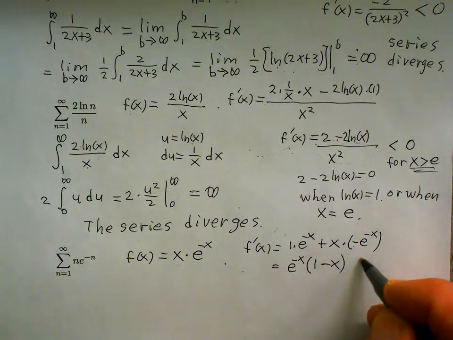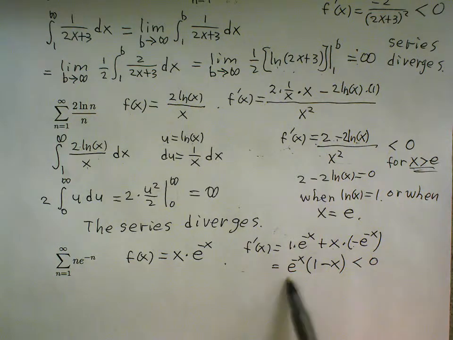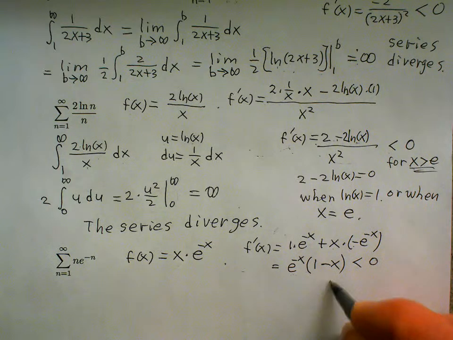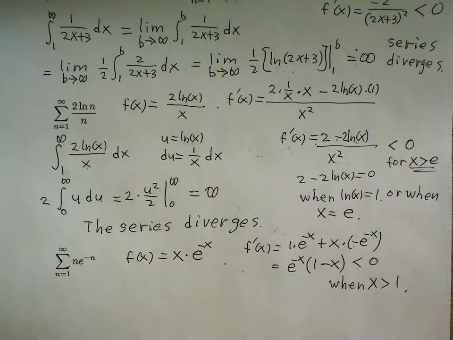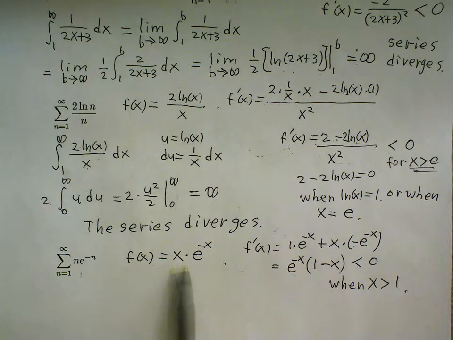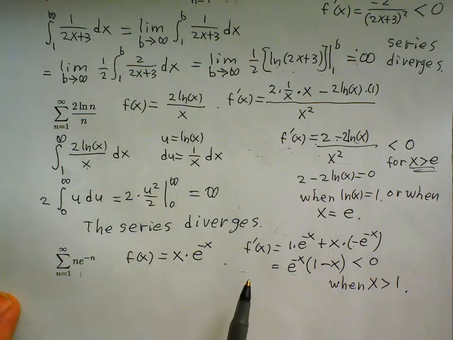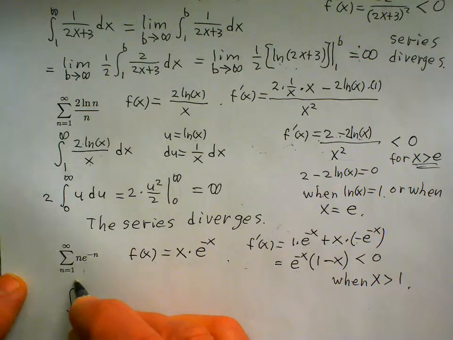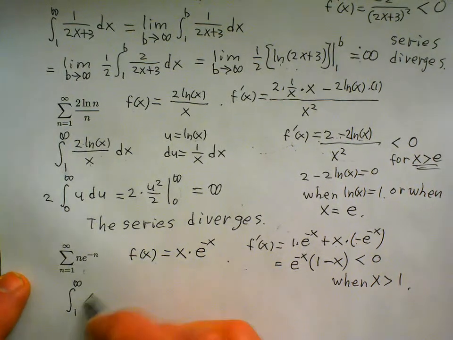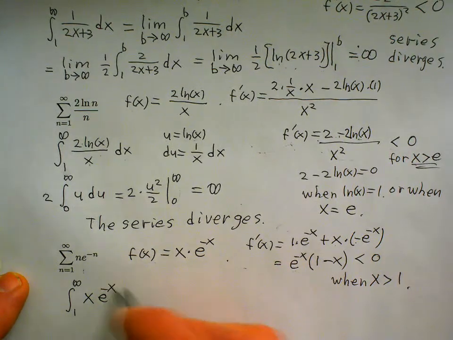And this is negative. E to the negative x is always positive, and 1 minus x is less than 0 when x is greater than 1. So we can use the integral test because this function is decreasing for x greater than 1. So the integral from 1 to infinity of x times e to the negative x dx.